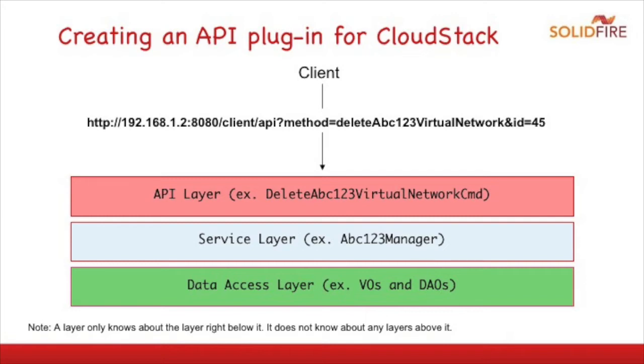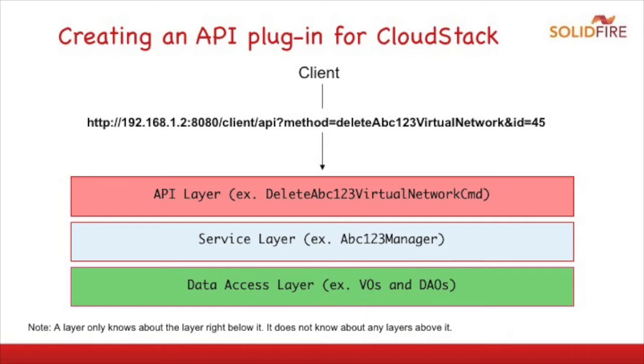That URL is going to be serviced within CloudStack, and CloudStack is going to figure out which API object can handle that particular command. That's going to go to our top layer, as you'd expect, the API layer.